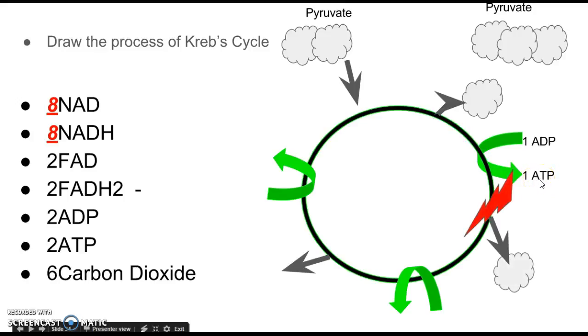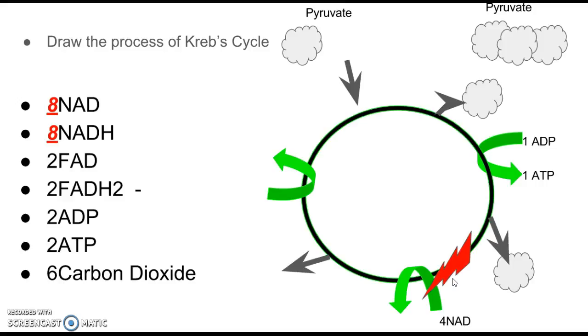We continue and we break off another carbon off the pyruvate. That will break and release energy, and the reason I'm using a red lightning bolt is because that's energy. When we break a bond, we release energy. That energy produces some heat, which is wasted, but it keeps us warm, and it can also be bottled up and shoved into NADs. We continue that, and we produce 4 more NADHs.